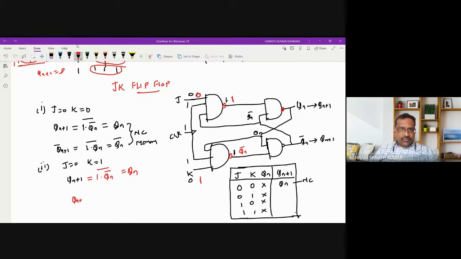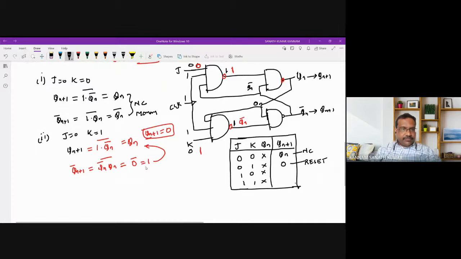Qn plus 1 bar equal to, one input is Qn bar, another input is Qn, whole bar. So A into A bar equal to 0, 0 bar equal to 1. So by taking this as a reference, you can write that Qn plus 1 equal to 0. So this is nothing but the reset state.